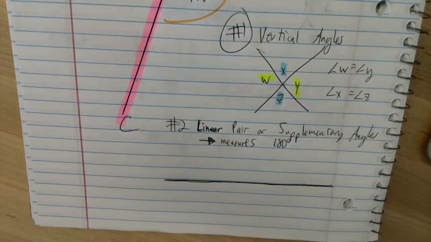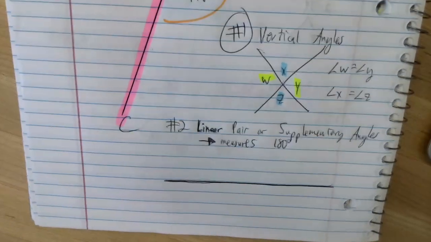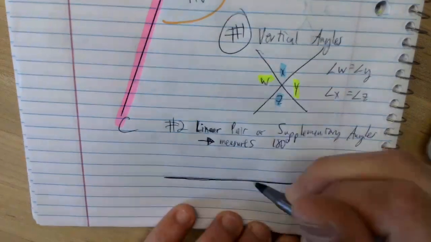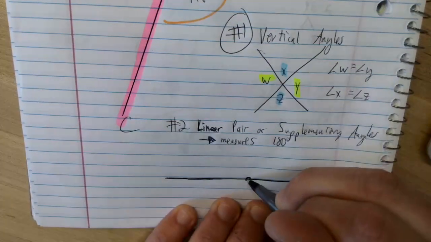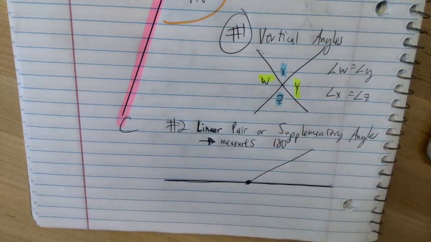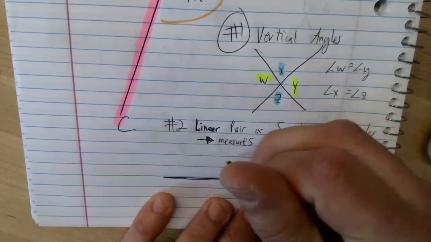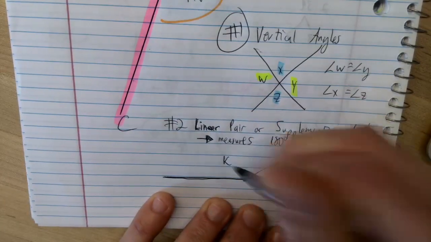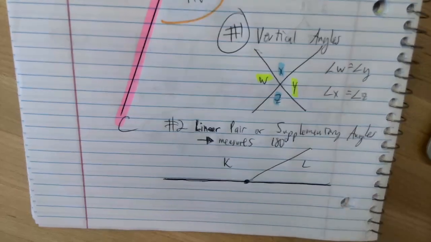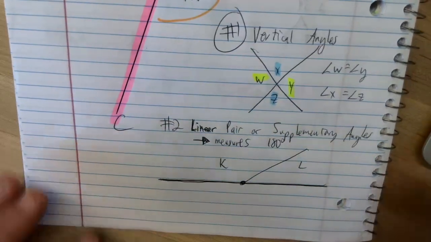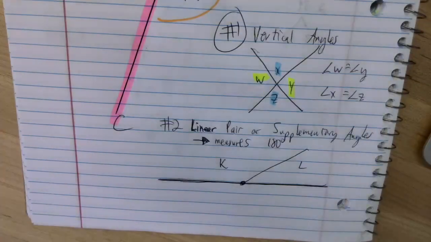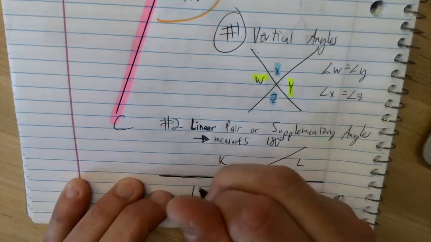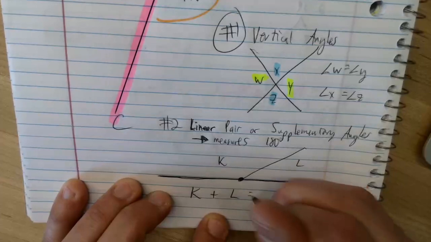But linear pair implies two parts. Okay? So, let's just separate it somewhere. Let's call this angle K, let's call this L. What do we know if these two angles form a line? They are considered a linear pair, which means their sum is what?